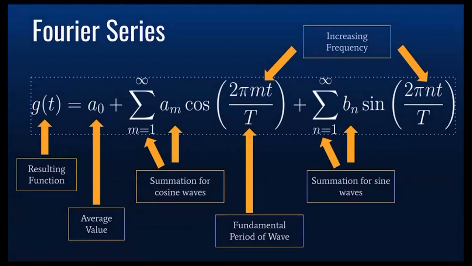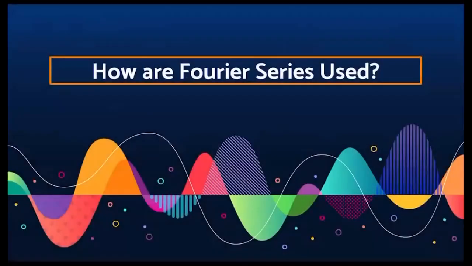Our resulting function is going to equal the average value of the function plus all of our cosine waves multiplied by their respective a sub n terms, plus all the sine waves multiplied by their respective b sub n terms. And so we saw in our square wave example, every a sub n happened to be 0, and our b sub n terms happen to relate to 4 over some number times pi.